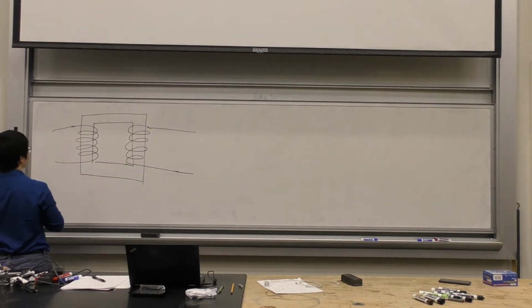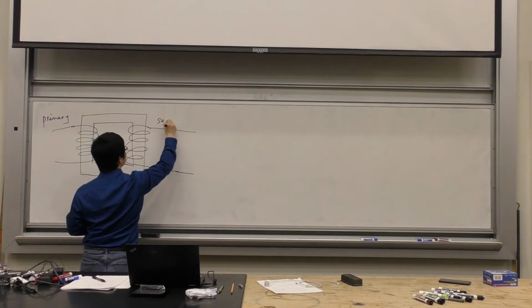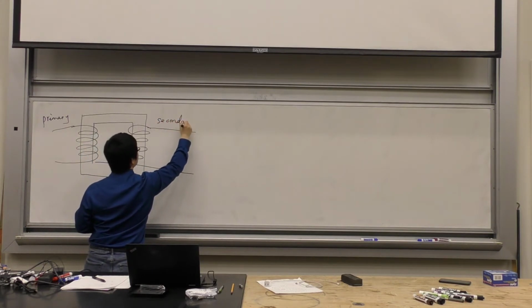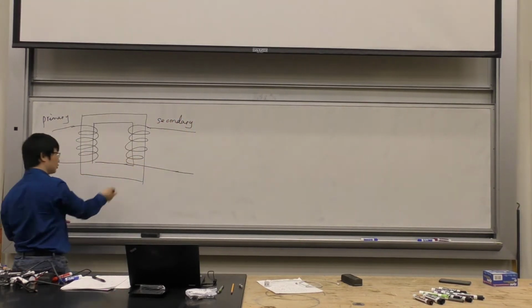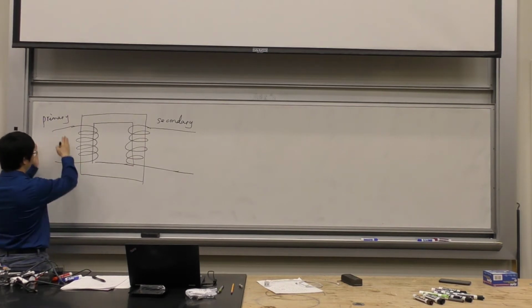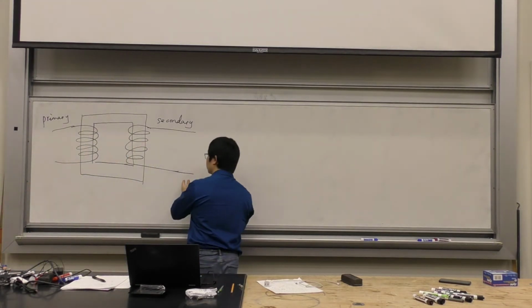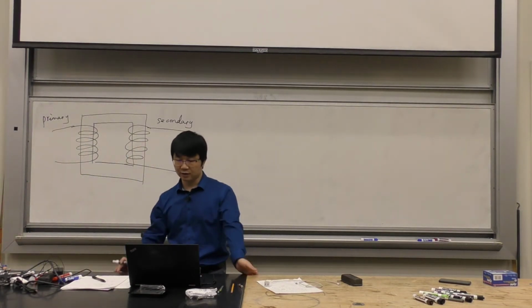We call this side the primary, and that side the secondary. We can use this transformer to change the voltage received on this side to a different voltage on the other side.